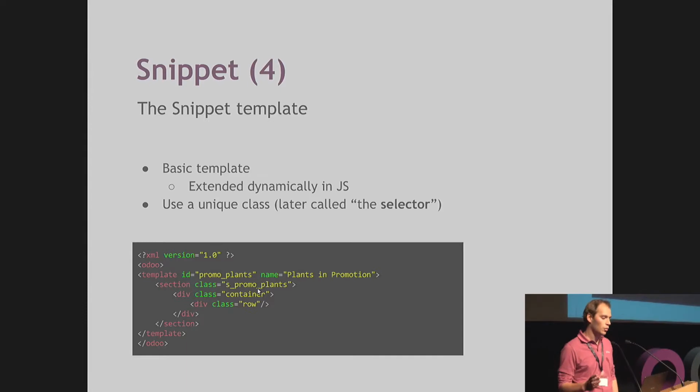This class name, called later the selector, will be used by the JavaScript to know how it can be plugged in and hooked up with this template. So here, nothing fancy, just a section with a container, and we will add some stuff dynamically in the JavaScript module.